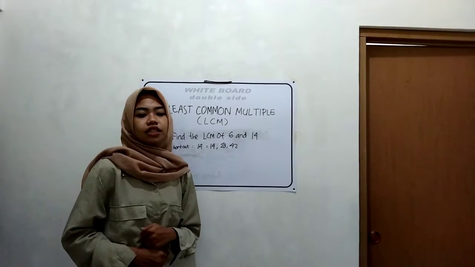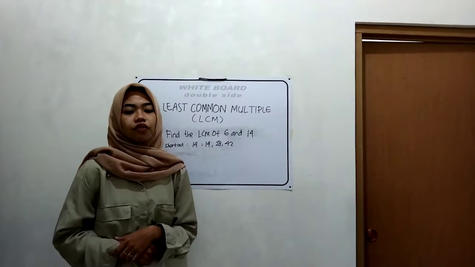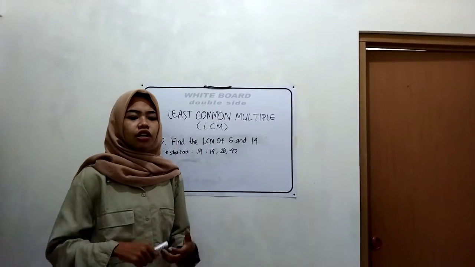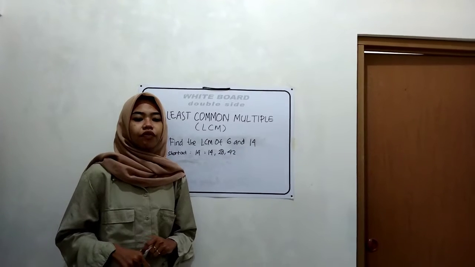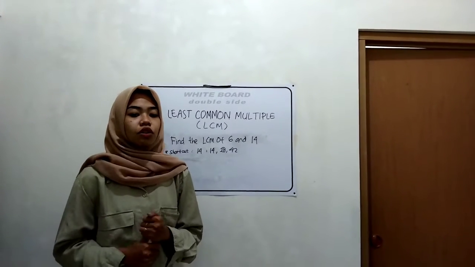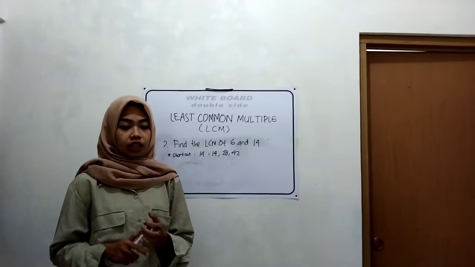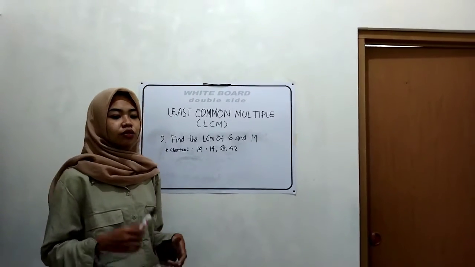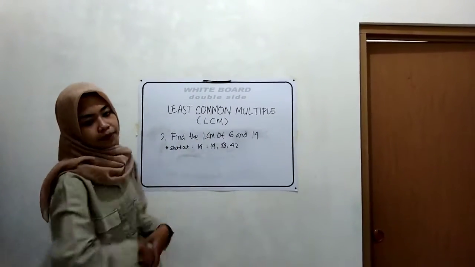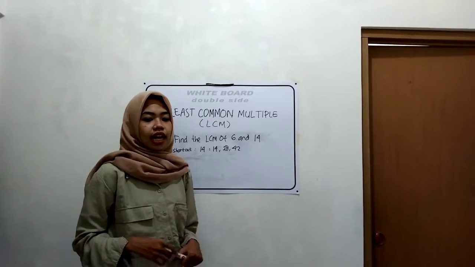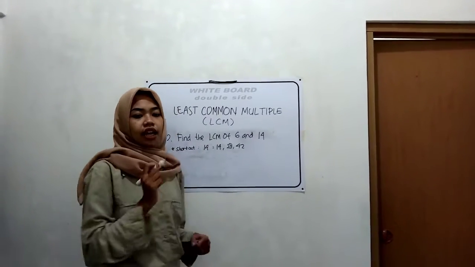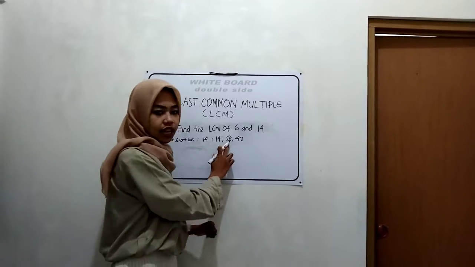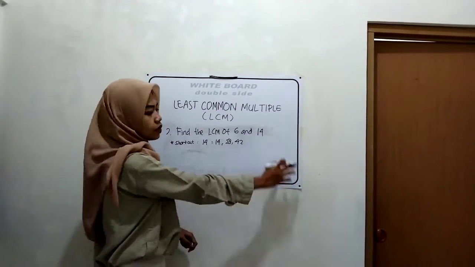So what you do is start listing the multiples of your greatest number, which is 14 in this case. I know it's impossible for the LCM to be anything less than that. So the first one is 14 times 1 is 14, and then 28, and then 42, and it keeps going on.